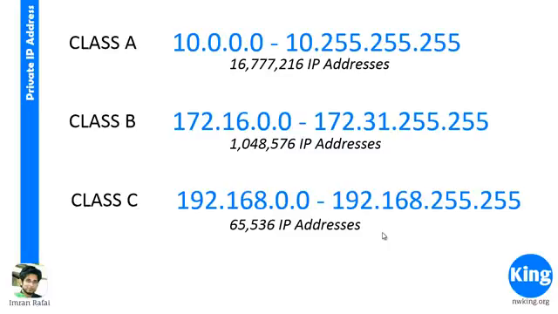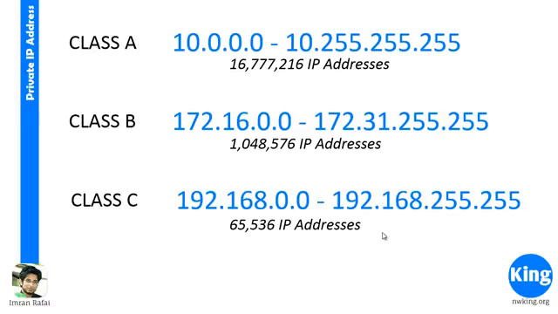Private IP addresses are IP addresses that cannot go on the internet. So if an internet web server gets a packet which says the source IP address is 192.168.1.1, that packet will be immediately dropped, because these are private IP addresses and they can only travel in your local network.